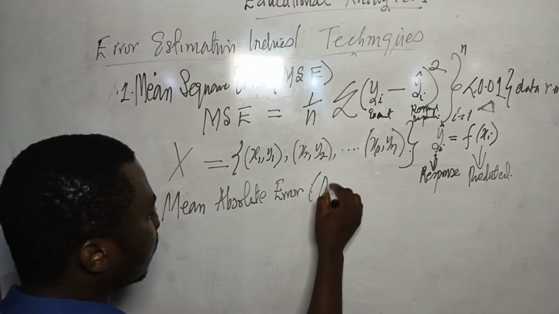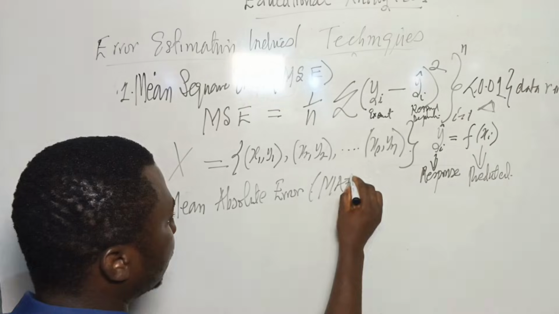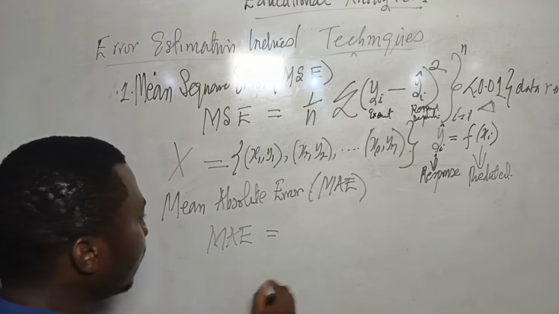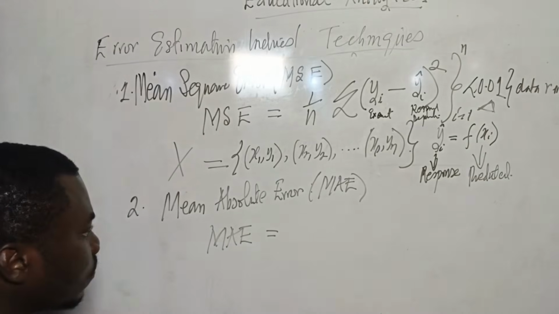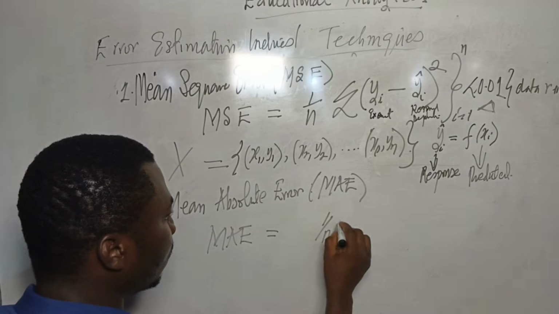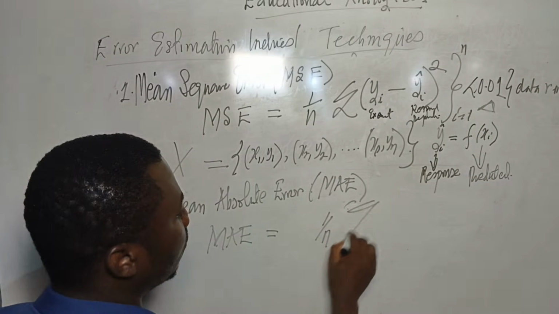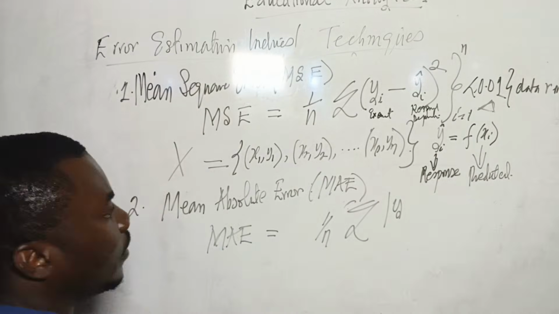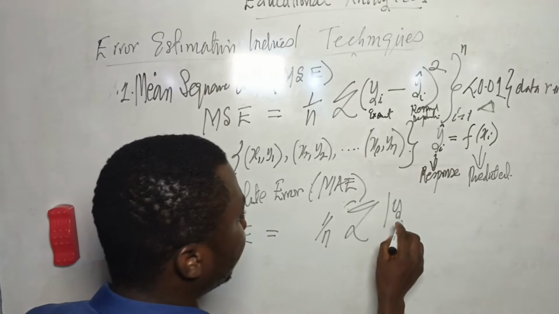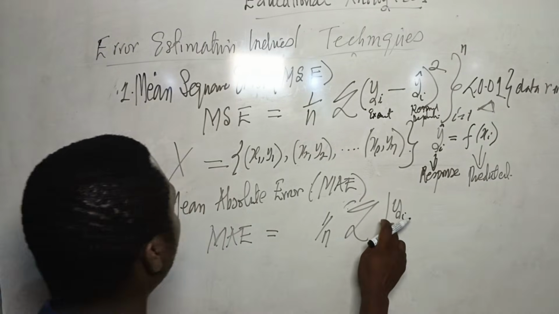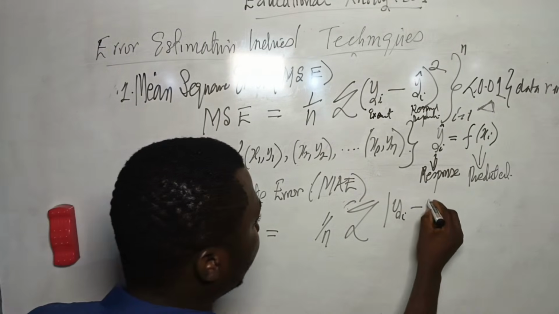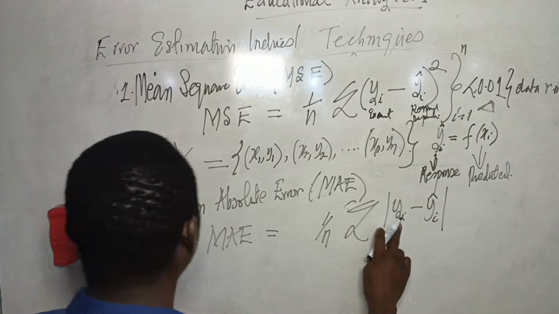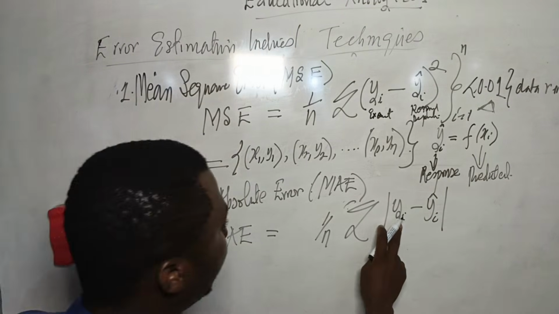So the mean absolute error is going to approximate the absolute value of the response variable here, y, from the observed variable.